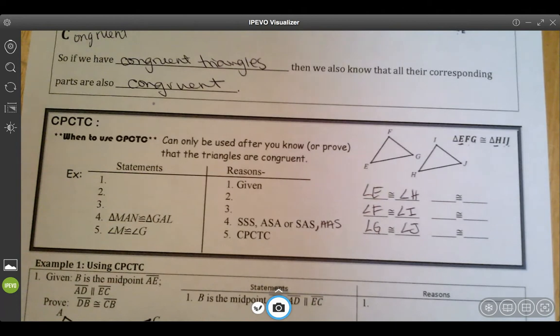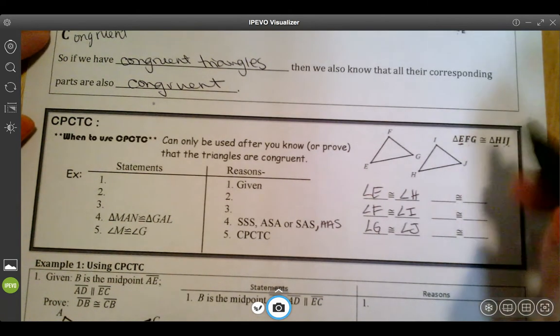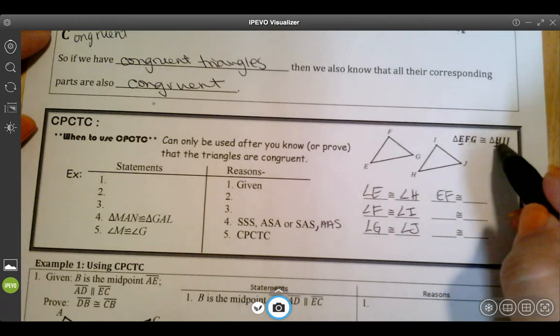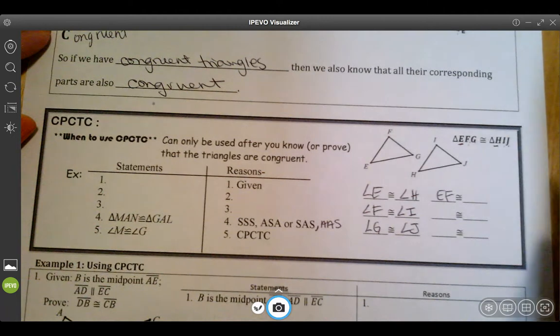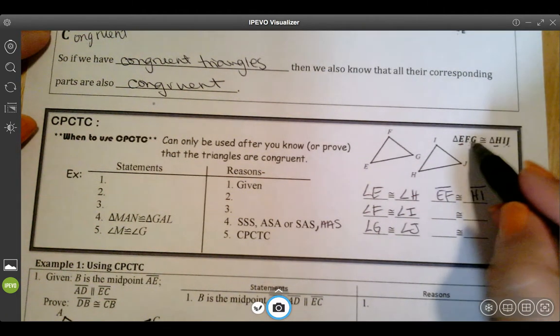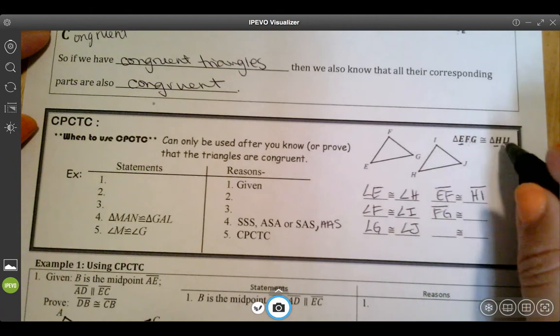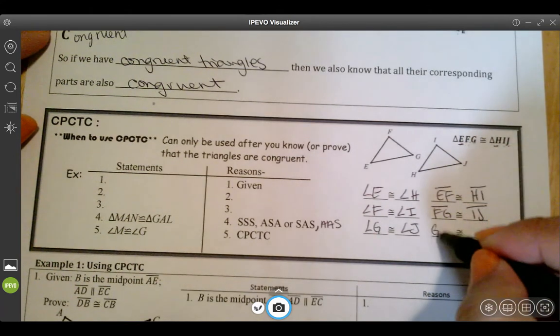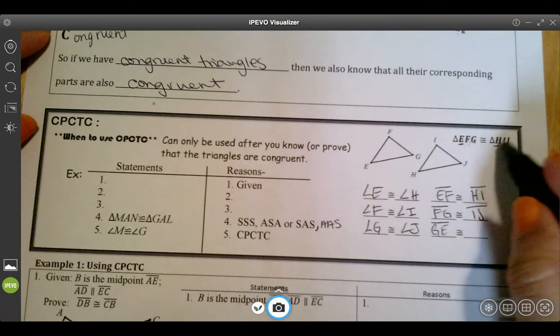For the segments, we need 2 points, the endpoints of the segments, so we'll say EF, and that corresponds with the first 2 vertices of our other triangle, HI, and then FG with IJ, and then GE with JH.